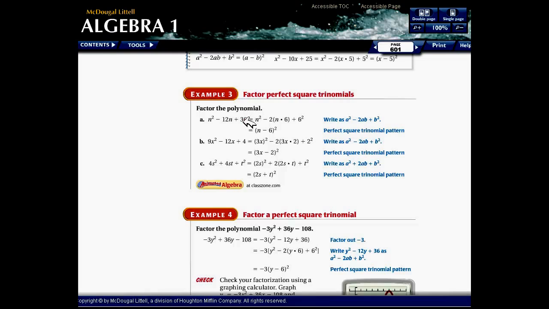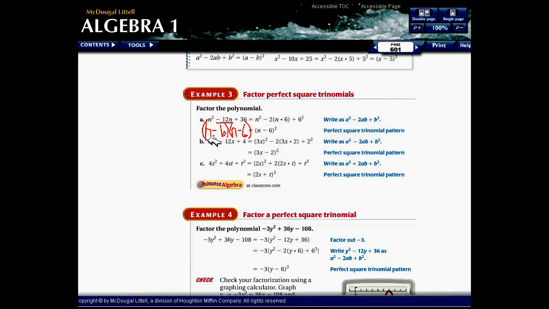Two positive 6s or two negative 6s. If my middle term is a negative 12n, that tells you I needed two negative 6s. So you would just have n minus 6 times n minus 6. And this pen is not cooperating at all.